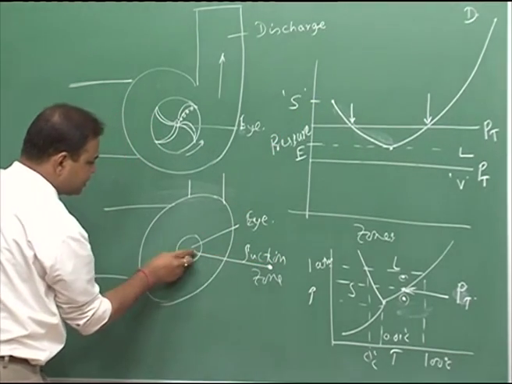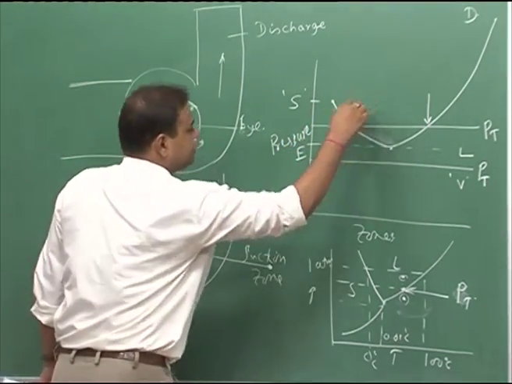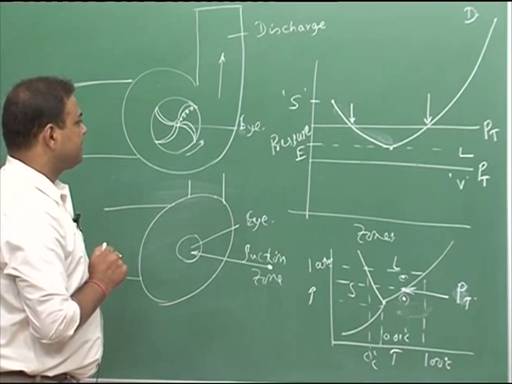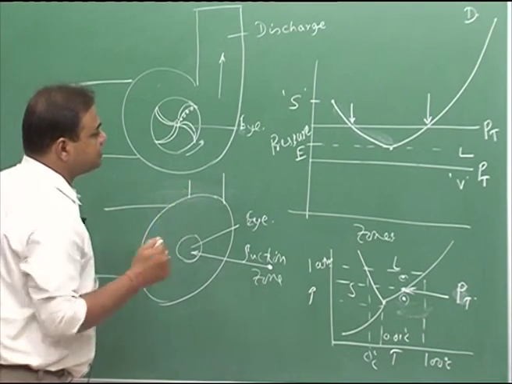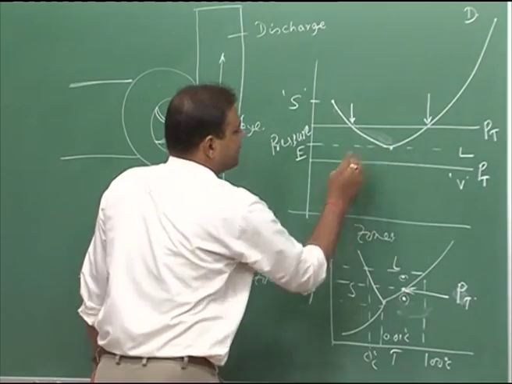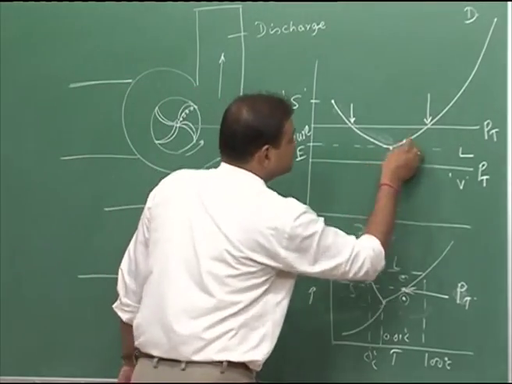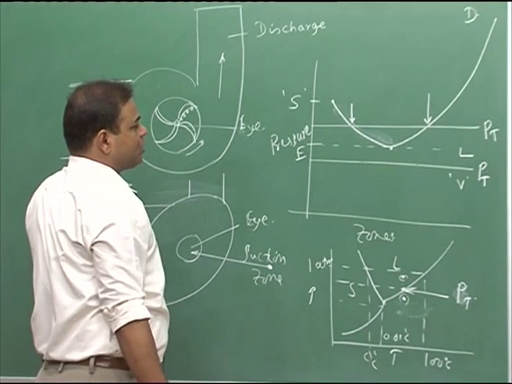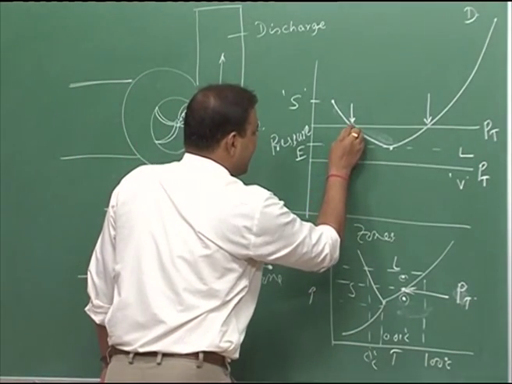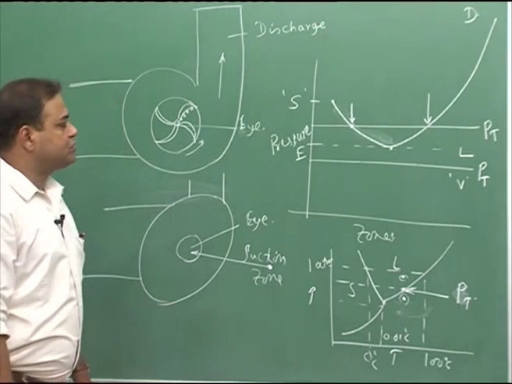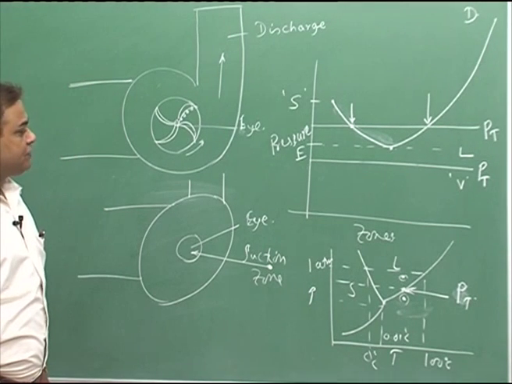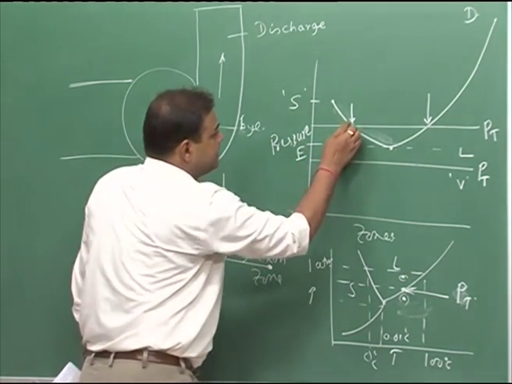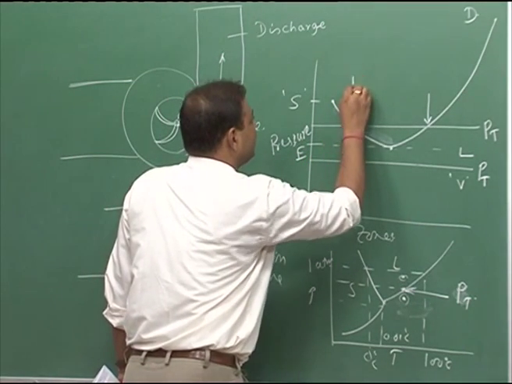As it goes to the eye zone, the pressure gradually decreases, and once it goes to the discharge zone, the pressure gradually increases. During that process, the pressure at this point is equal to the equilibrium pressure needed for evaporation at that operational temperature. So, at this point evaporation or boiling would start.